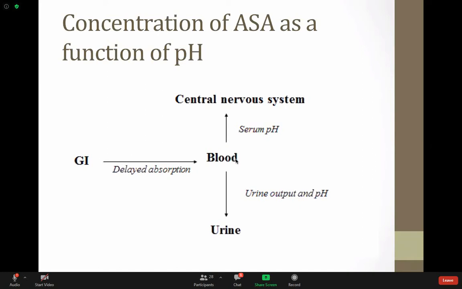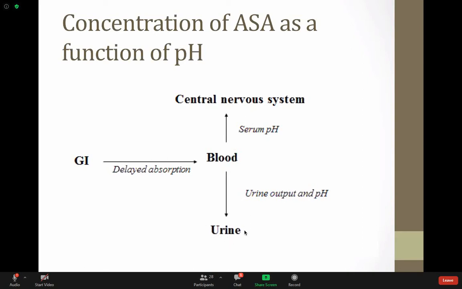If the pH is in the alkalotic range, like we want it to be between 7.5 and 7.55, so there is no acidemia, then the aspirin is mostly ionized and won't go to the brain and won't kill the patient. What's also important is if you give them sodium bicarb, you make the urine alkalinized.